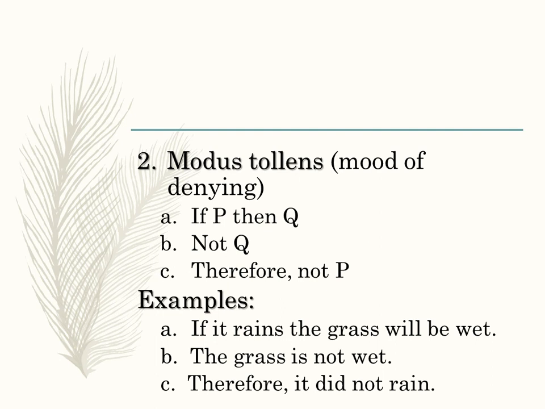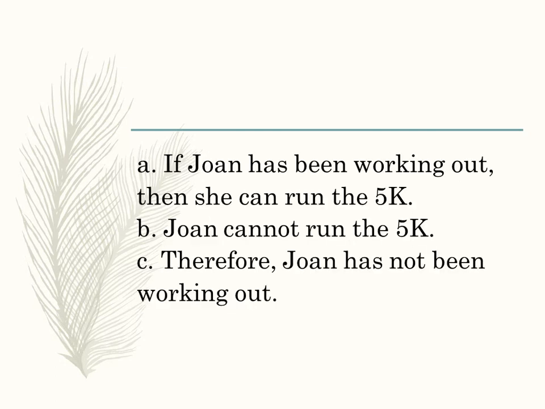None of that information was given, but the point is that it's not a valid structure because it leaves open possibilities. That's why you can't deny the antecedent. If you're going to deny, you can only deny the consequent, to keep it valid.